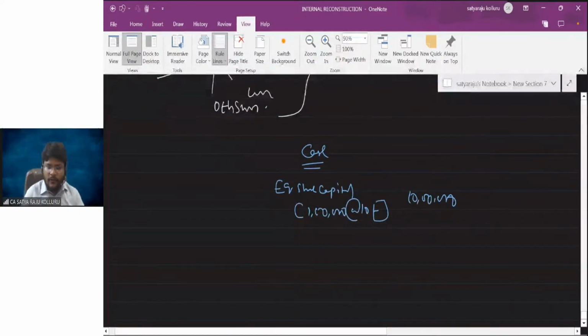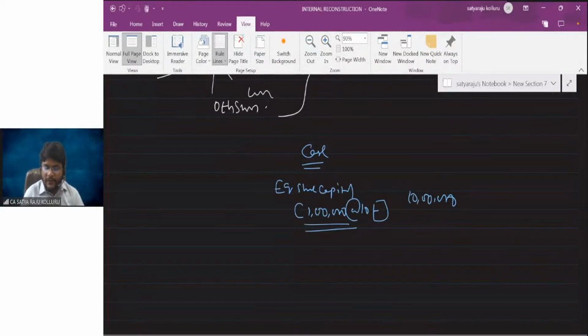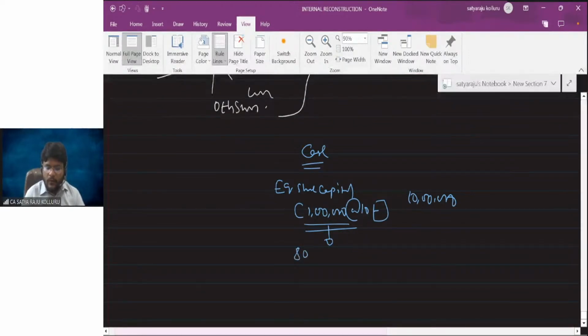Now, out of this 1 lakh equity shares, let us assume 80,000 shares are surrendered by the shareholders to the company.